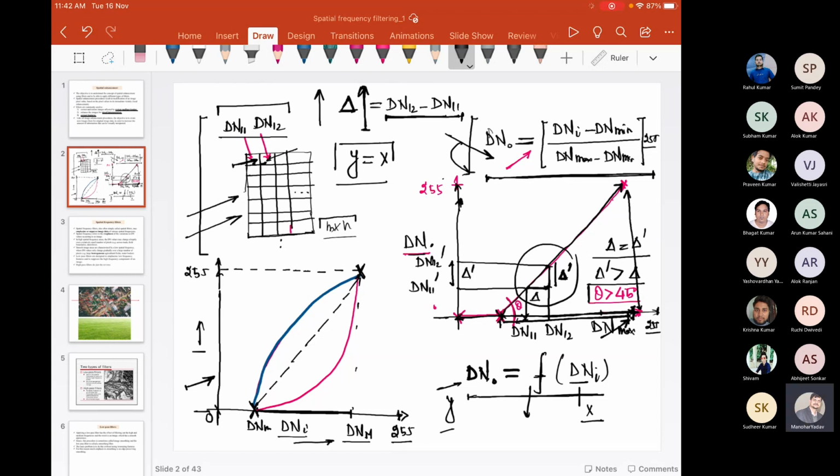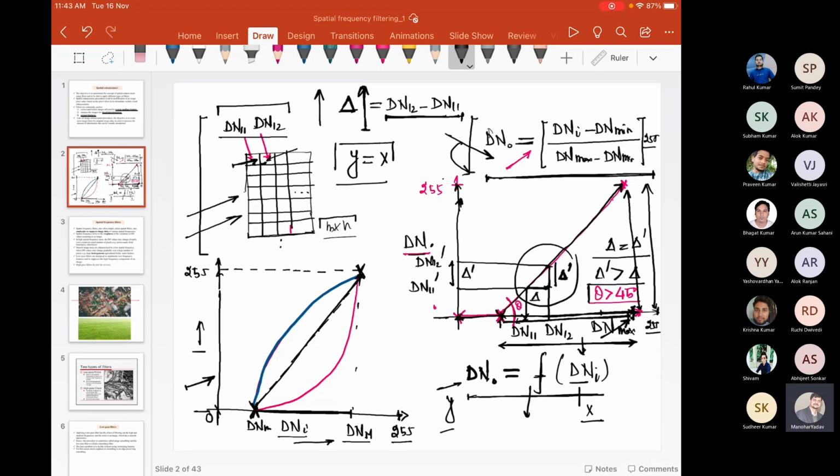And now we are seeing how the input digital number DN input is modified such that this range can be extended to the complete range 0 to 255. Same we do over here. If we use this equation, see what we are doing.